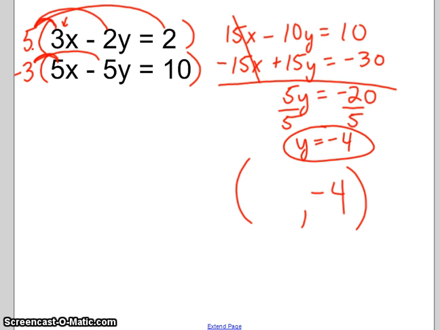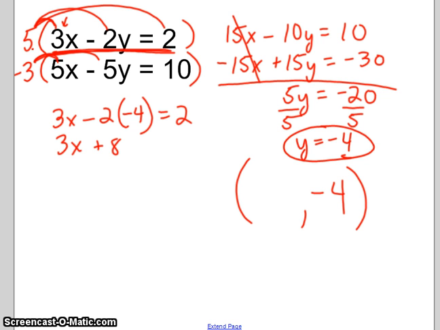Now we're going to take that value for y and sub it back into one of the equations. I'm going to take the first equation, this one right here. 3x minus 2 times negative 4, which was y, equals 2. 3x, negative 2 times negative 4 is positive 8, equals 2. I don't like where this is going, because I see a decimal in my future.